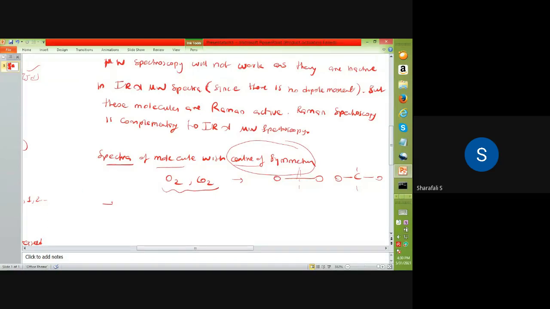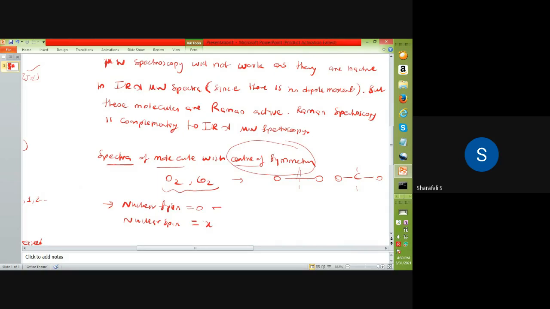Then the nuclear spin is either equal to 0, or it has some nonzero value, say x.